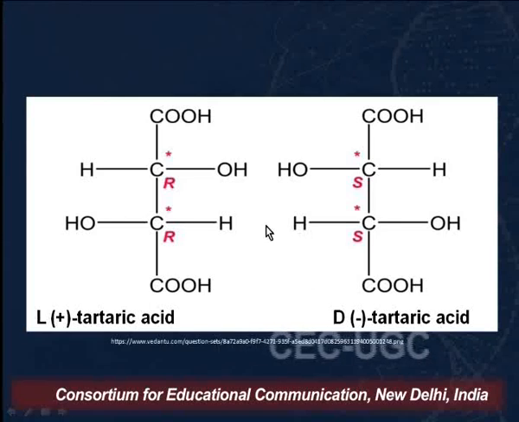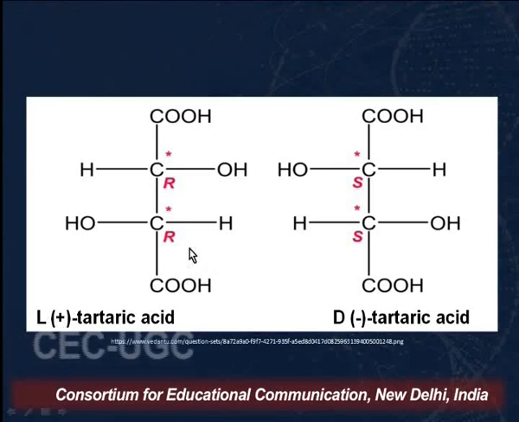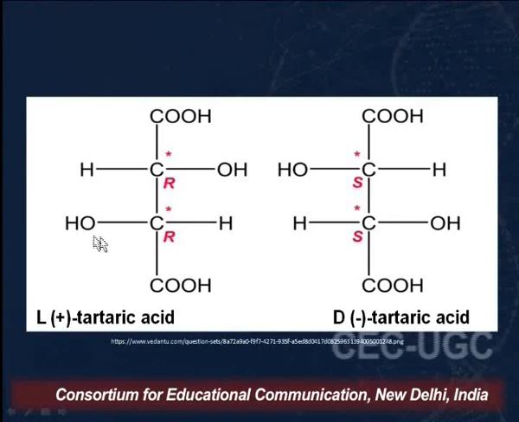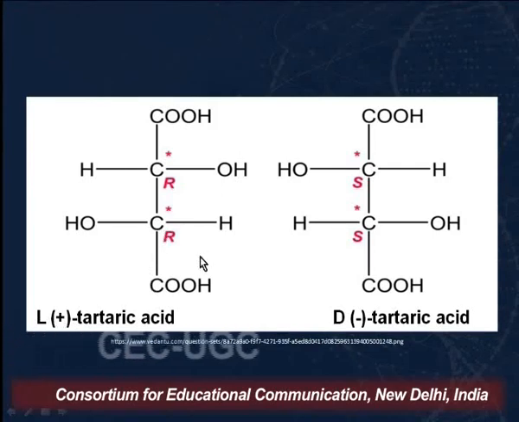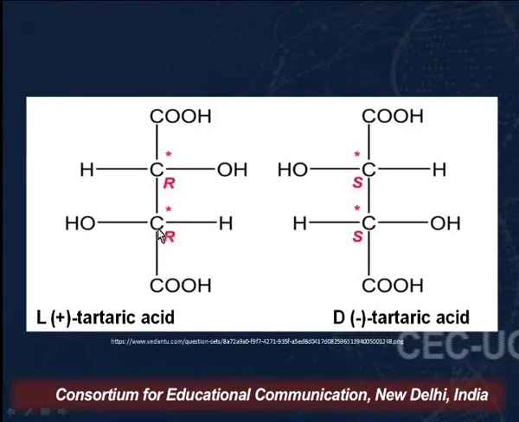That is, the configuration was assigned on the basis of Cahn, Ingold and Prelog rules. The priority was given to groups on the basis of the atomic number of the atom directly attached to the chiral carbon, and then the group having lowest priority is brought to the bottom, and then we look at the molecule.